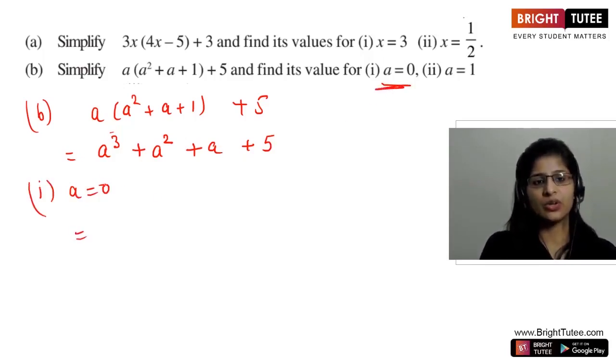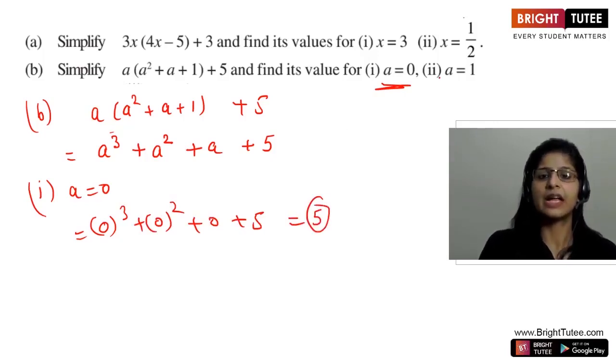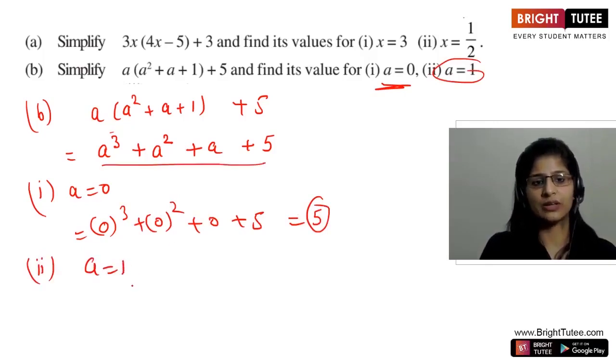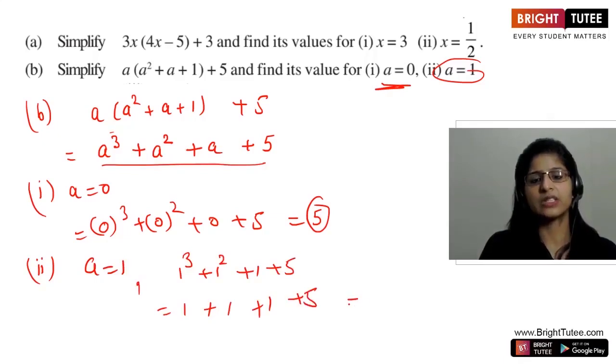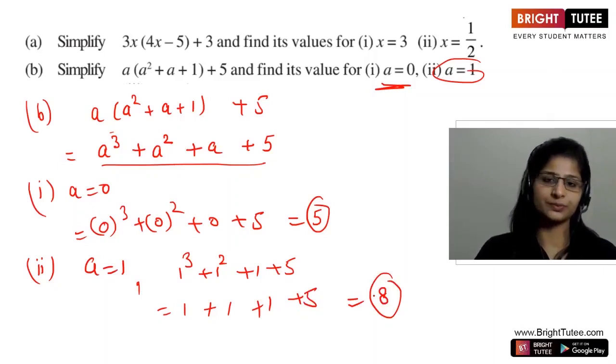So a equal to 0, we get 0 cube plus 0 square plus 0 plus 5. So what are we left with? Only 5. Now we have to put a as 1. So putting a as equal to 1, just put in this expression 1. We get 1 cube, 1 square, 1 and 5. So we have 1 plus 1 plus 1 plus 5. So we get 8. Right? This is how we solve.